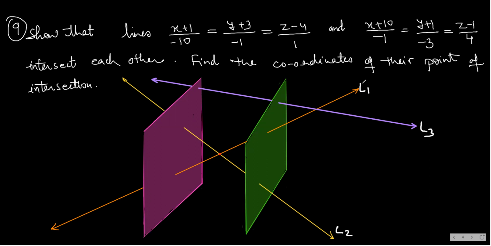Now look at L1 and L3. L1 and L3 are not parallel, but they are not intersecting. This is what I wanted to explain. This is something different from the 2D concept. I repeat once again. L1 and L3 are not parallel, but they are not intersecting.